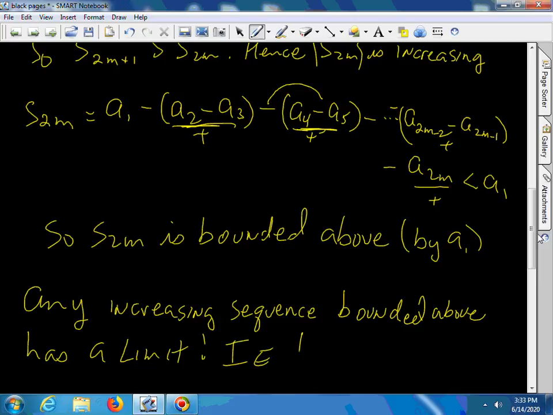That is, the limit as m goes to infinity of S sub 2m is equal to L.